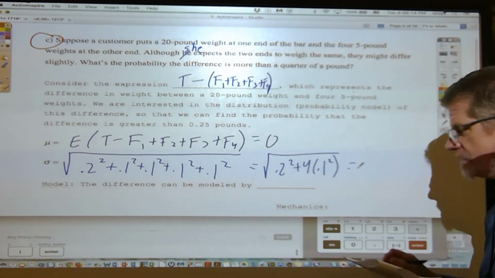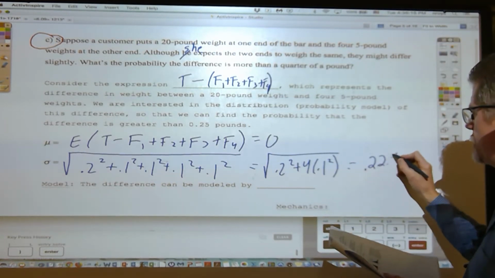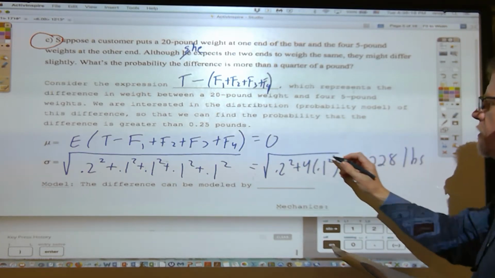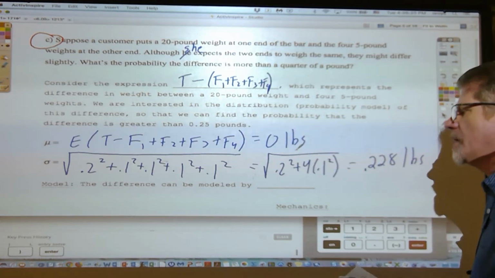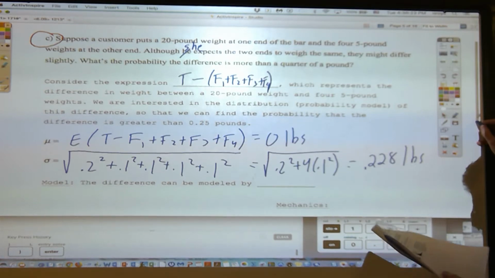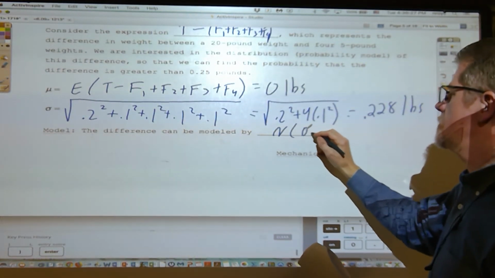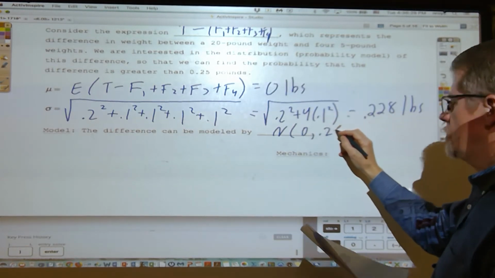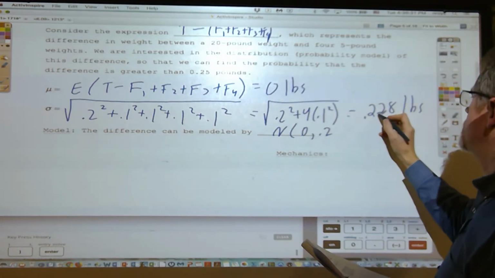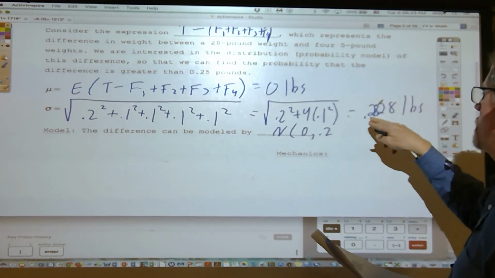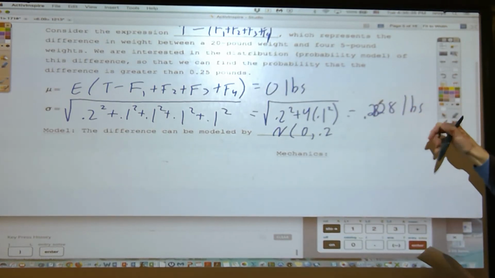And I hope when you type that into the calculator, you got 0.2828 pounds. So the difference can be modeled with a normal model with a mean of 0 pounds and a standard deviation of 0.2828. That's not 0.228, it should be 0.2828.